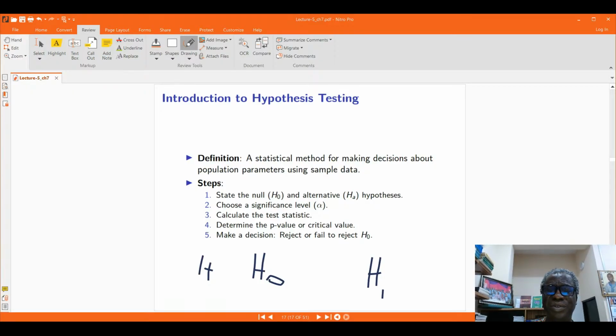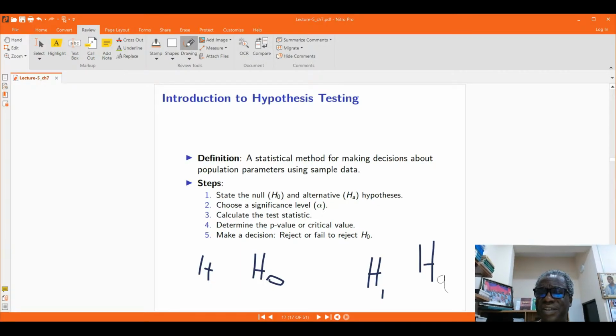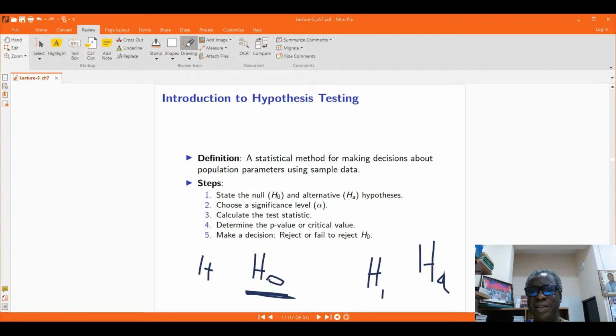Sometimes also you have, instead of 1, you have it as H subscript A. So the first is called the null, and the second is called the alternative.